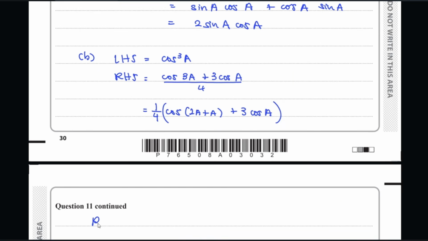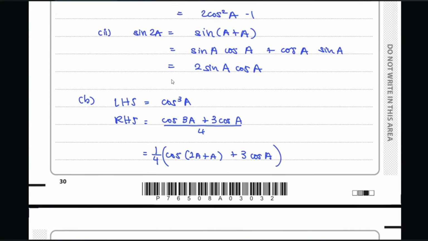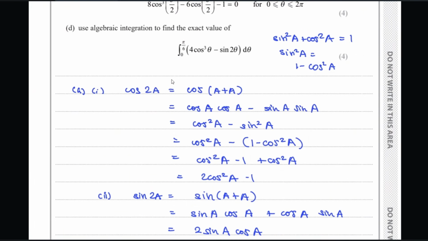So right-hand side continued would be 1 over 4, and cos(2a plus a) would be cos 2a cos a minus sine 2a sine a, and we have this 3 cos a. Let's continue this. 1 over 4. So cos 2a, let's split this again. So cos 2a, we just saw earlier, is equal to 2 cos squared a minus 1.